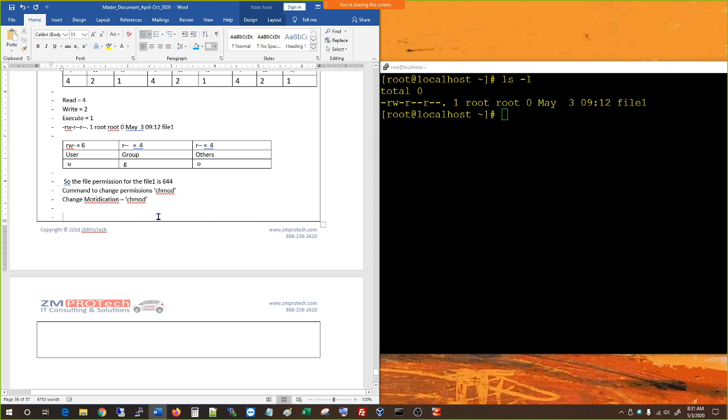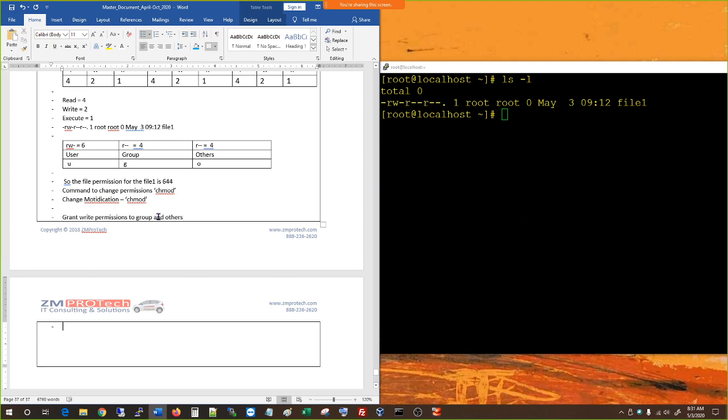So what I'm going to do is grant write permissions to group and others. Okay, so all right, help me here. What is the number we're going to use here?